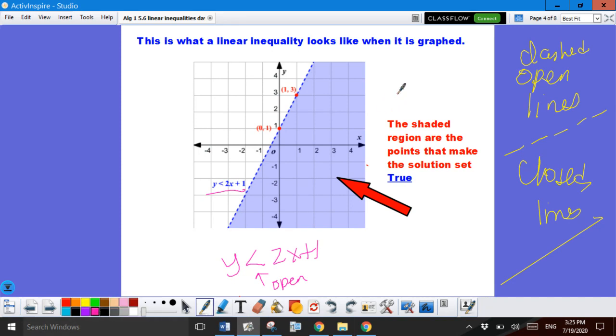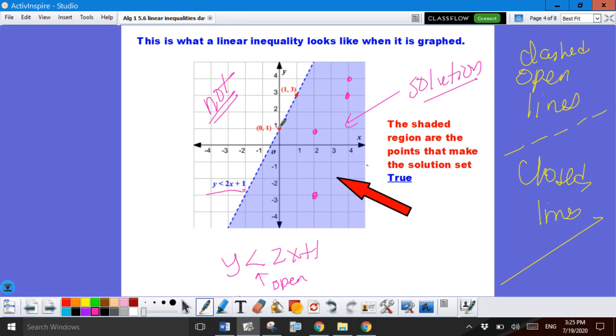Anything in the shaded area are solutions, and anything in the not shaded area are not solutions. So that is a solution, this is a solution, this is a solution. There are lots of ordered pairs that are solutions to this linear inequality. All of those points will make the inequality true.